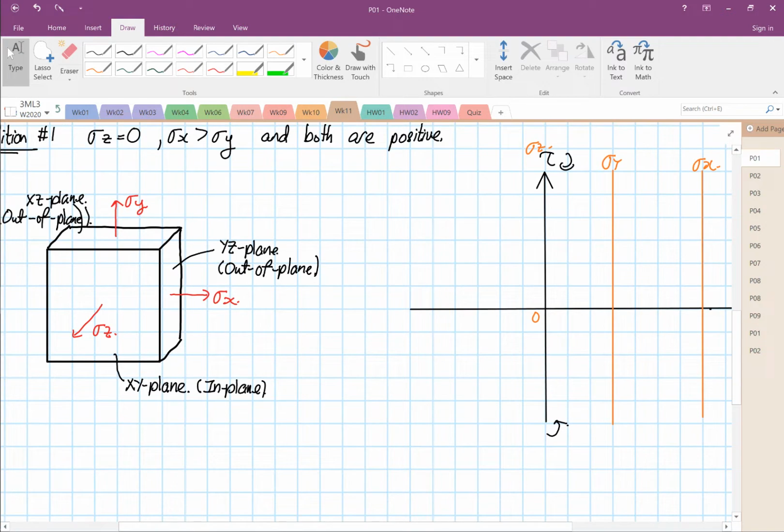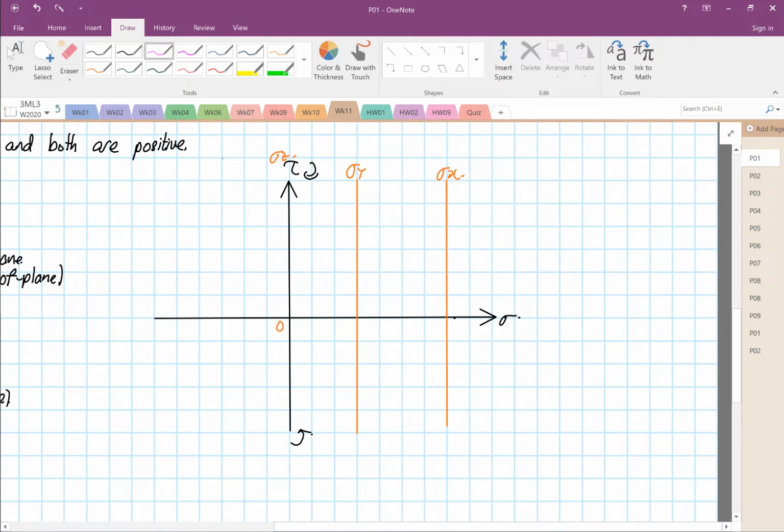So as usual, we're going to label this our point X, point Y, and this is our point Z. So this is over there, that's 0 shear, point X, point Y, and point Z.